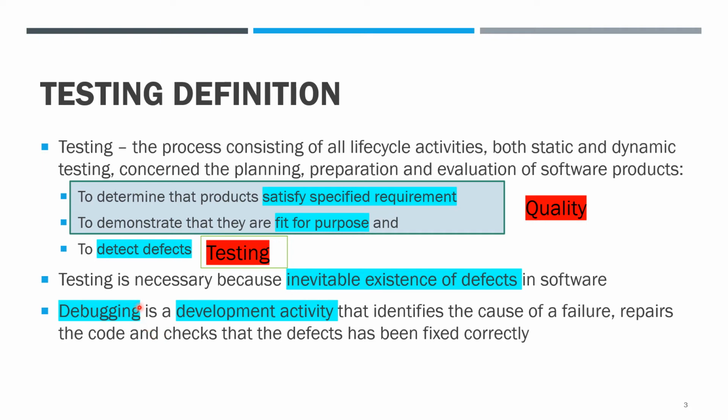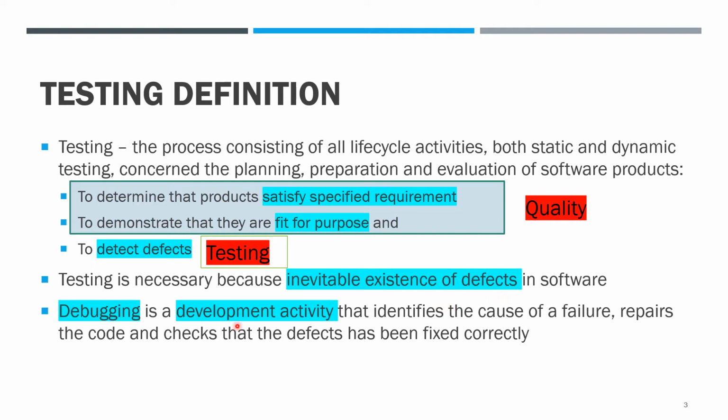Right? Testing is necessary because even though you have the best programmer, you have the developer test all sorts of combinations of data, there is still a possibility of defects to occur.